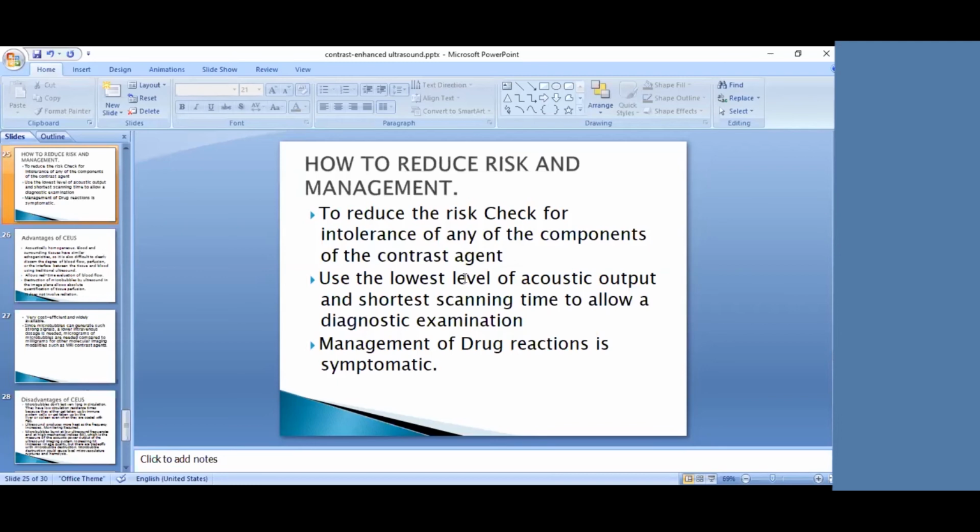We said that at a higher acoustic output, the microbubbles will blast. And third, management of a drug reaction is symptomatic. According to that, if there is a side effect, whether high frequency or low frequency, we will give drug management according to that side effect.